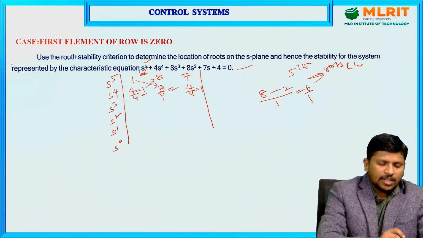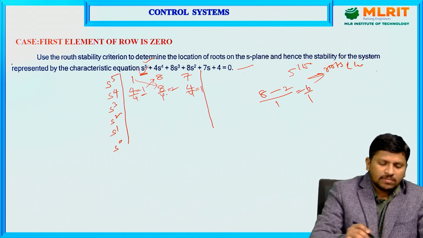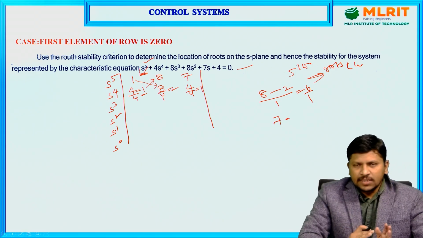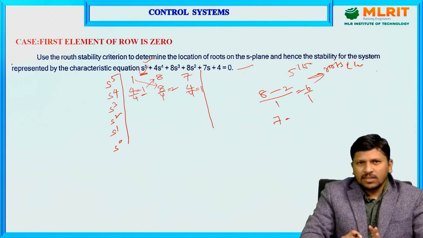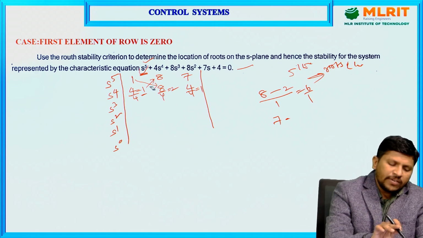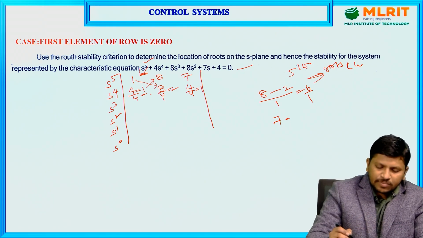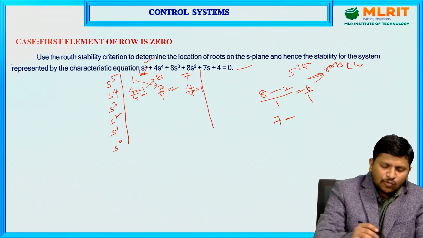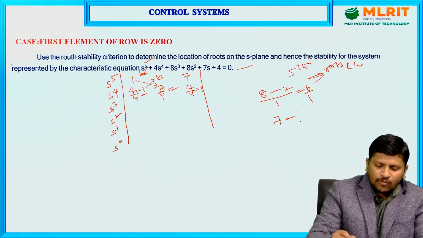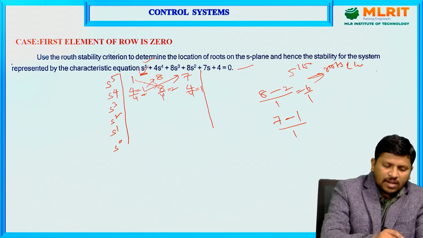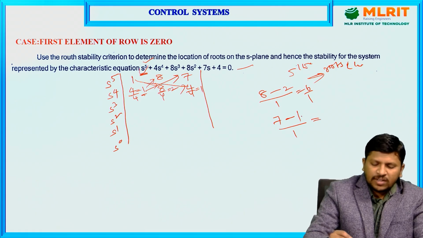Okay, next here see, 1 and 7. 7 minus 1 and 1, or else there is one more method, without dividing by 4, directly solving. 1 into 7 is 7 minus 1 and 1, divided by 1, since our base is 1, that is 6.